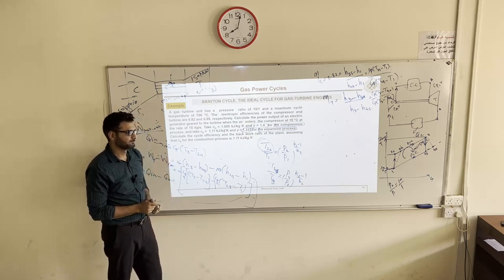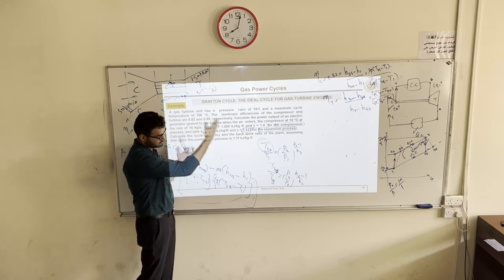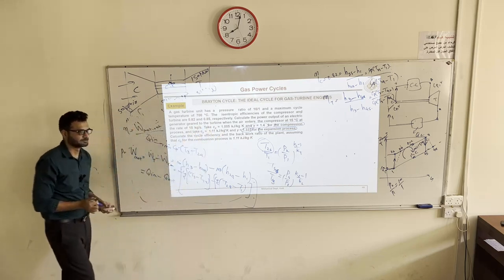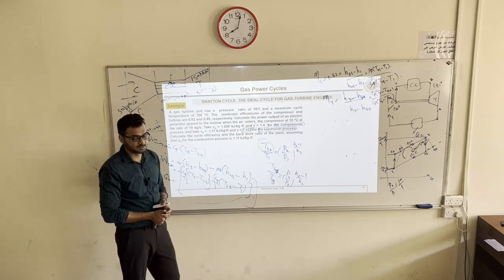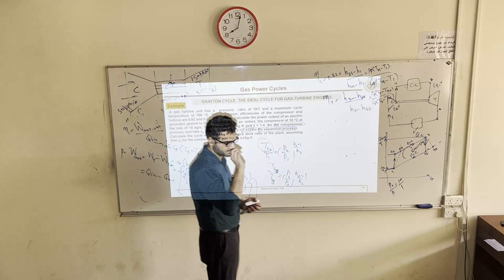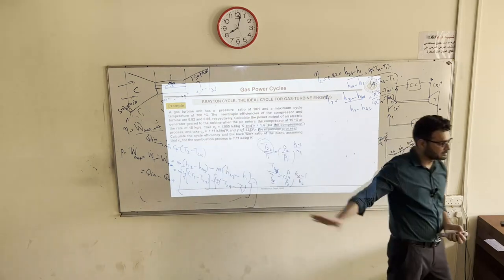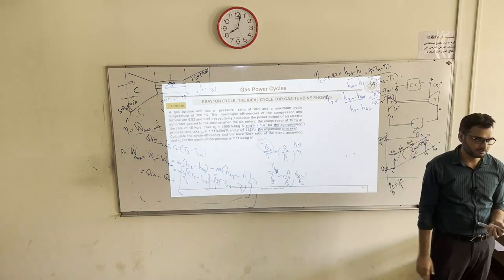Okay. So that makes your calculation much easier. That's why I told you this concept of isentropic is so important. This entropy and isentropic, this makes our design much easier.